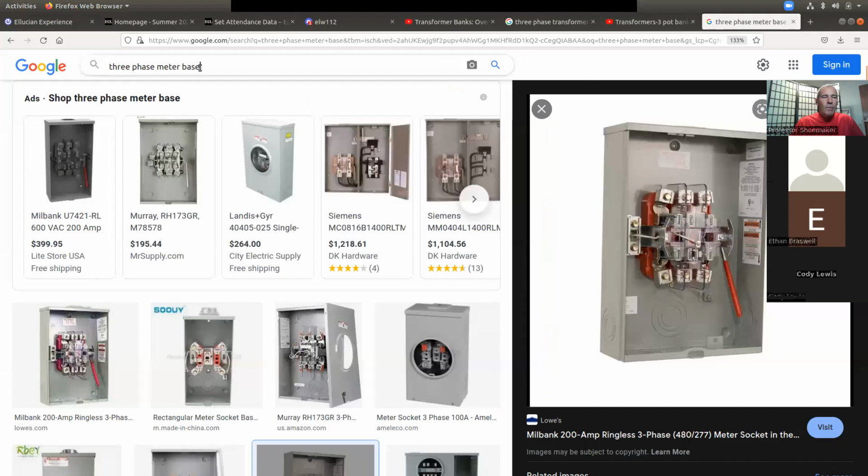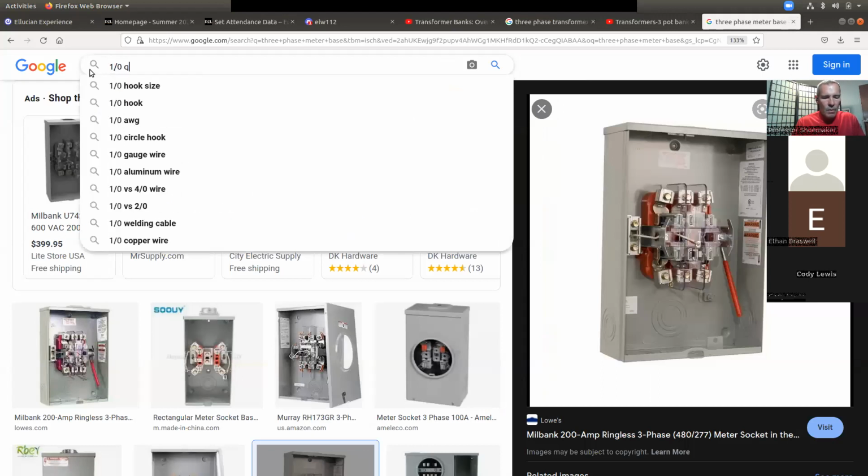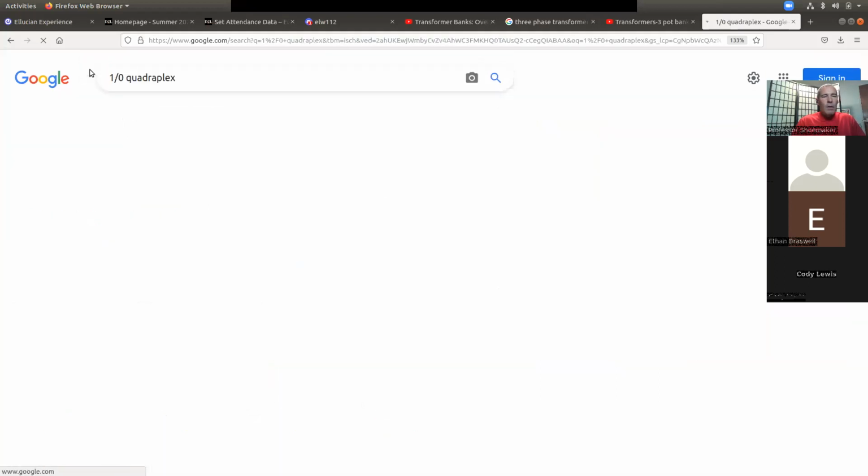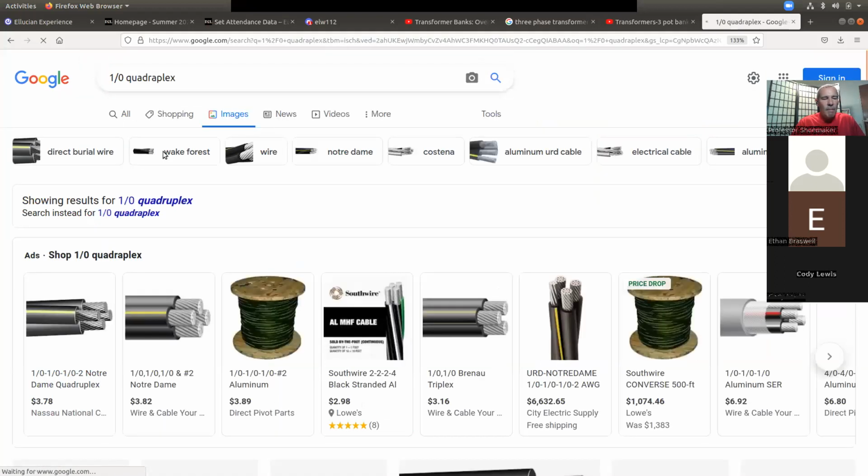So how do I know when I pull the wire in there which one's what? Let's just try this. And we might as well go ahead and get this down. You notice in my search, I typed in what? 1 aught, that's the wire size, and what?